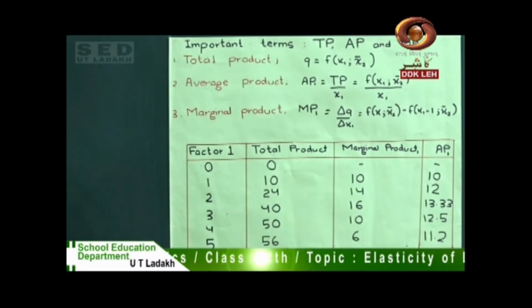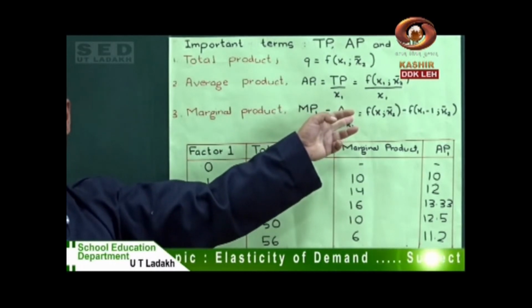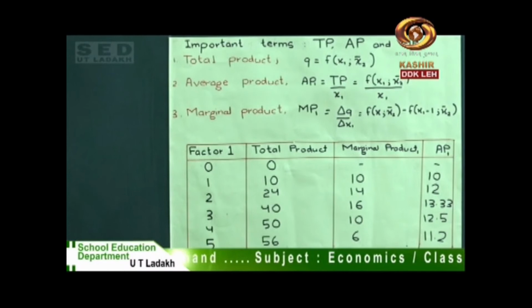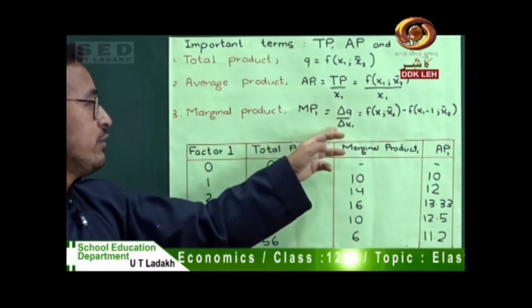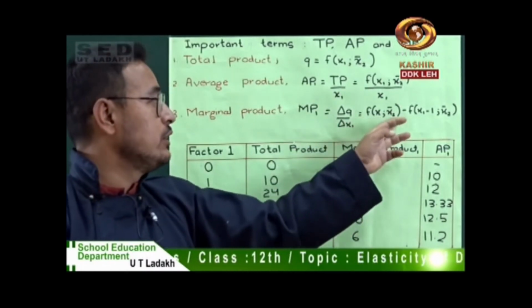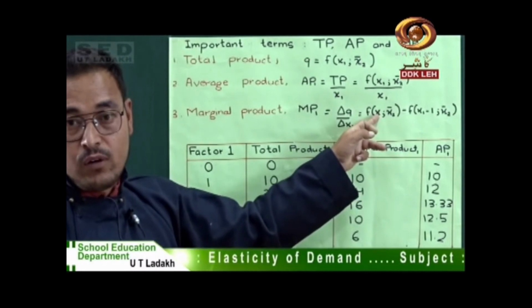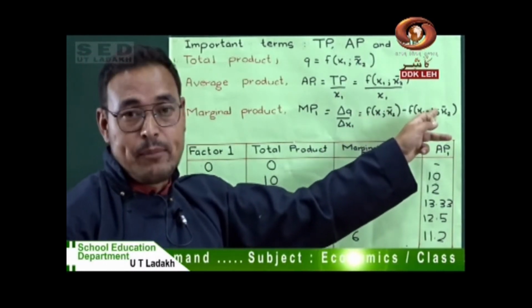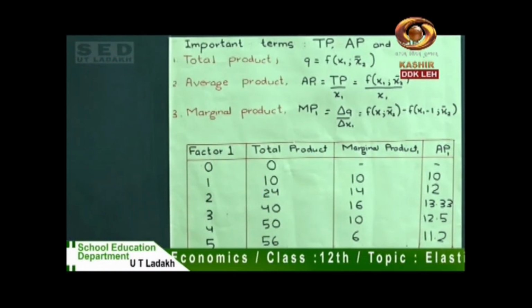Marginal product represents how much will be the additional change in your output, delta Q, if you are increasing your variable input by 1 unit. That is delta Q divided by delta X1. For example, this is the output at X units of variable input, subtracting the output at X minus 1 units of variable input. So that is your marginal product.